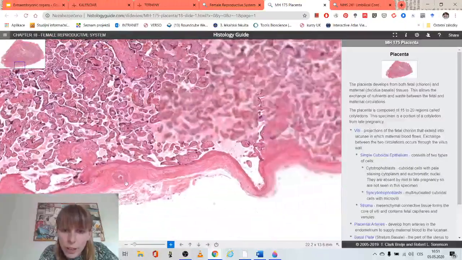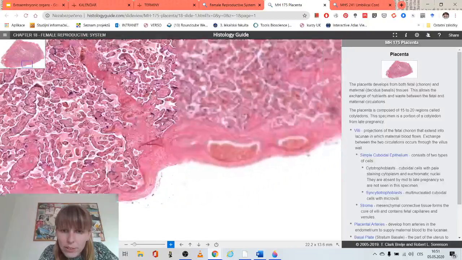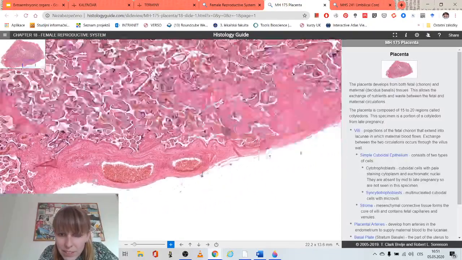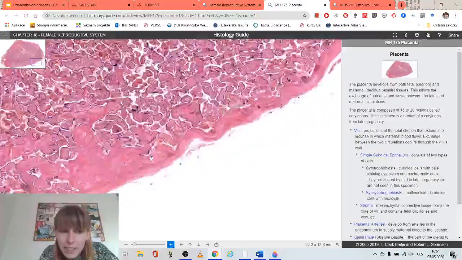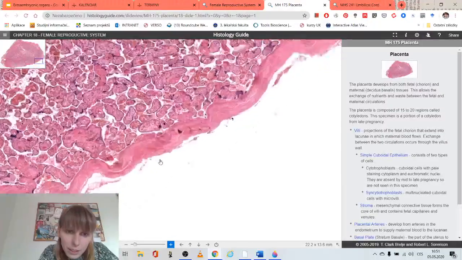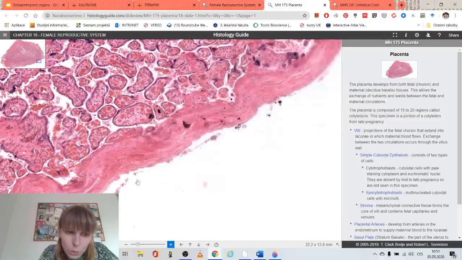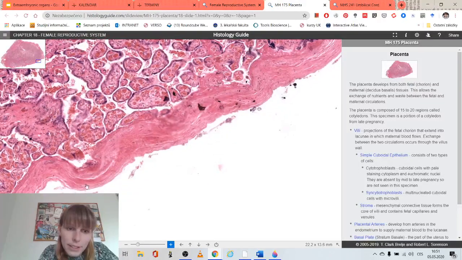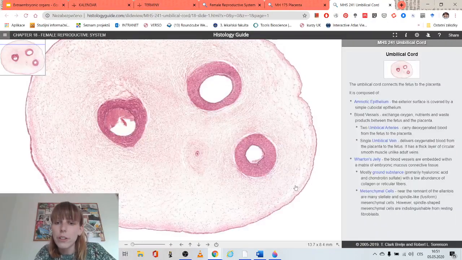I will try to find if there's the amnion as well, but I don't think so. It's probably torn, which is quite easy to do. But on this side of the chorionic plate, you would see a similar epithelium as here in the umbilical cord.